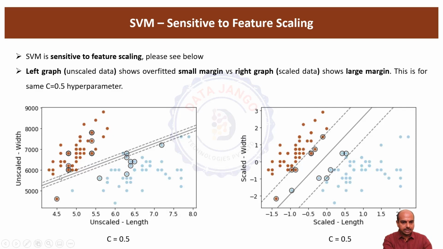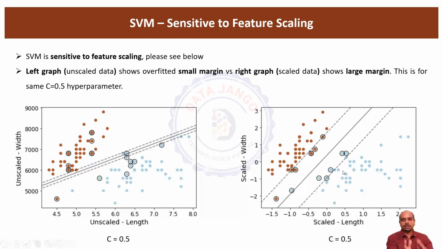When I visualize it, the decision boundary is like this, and the support vectors are very close to the decision boundary. The margin is so small. This may overfit; this is actually kind of an overfitting scenario. So when you do the feature scaling, I applied feature scaling on width and length.